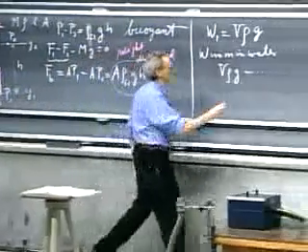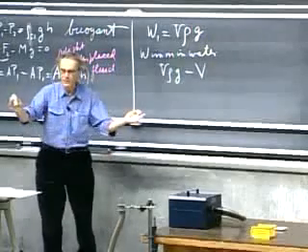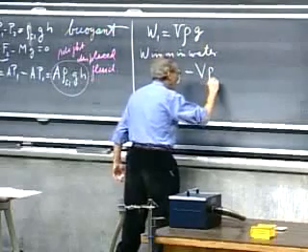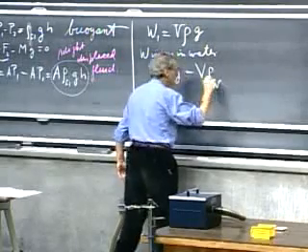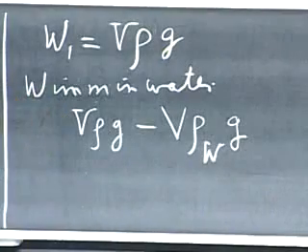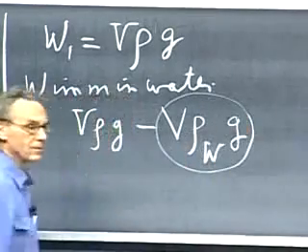And the weight of the displaced fluid is the volume of the crown, because the crown is where the water has been removed, times the density of the fluid, which is water, which he knew very well, times G. And so this part here is weight loss.